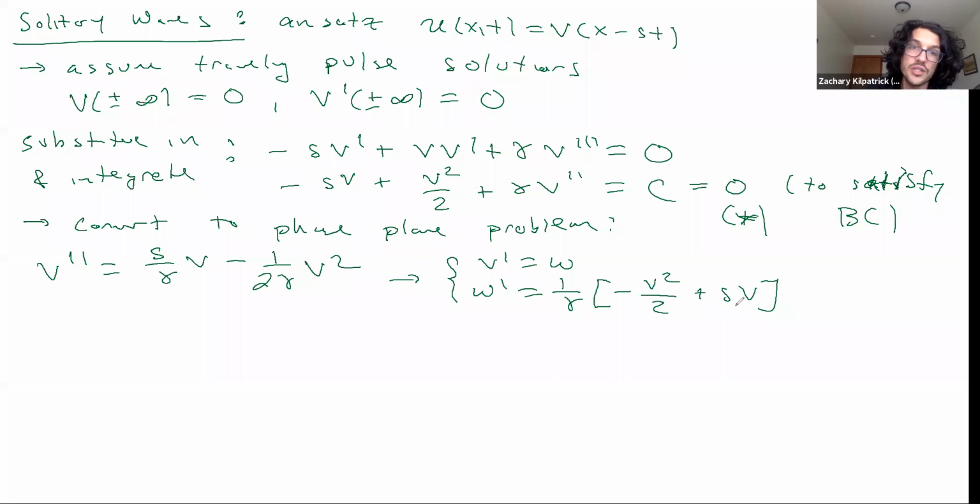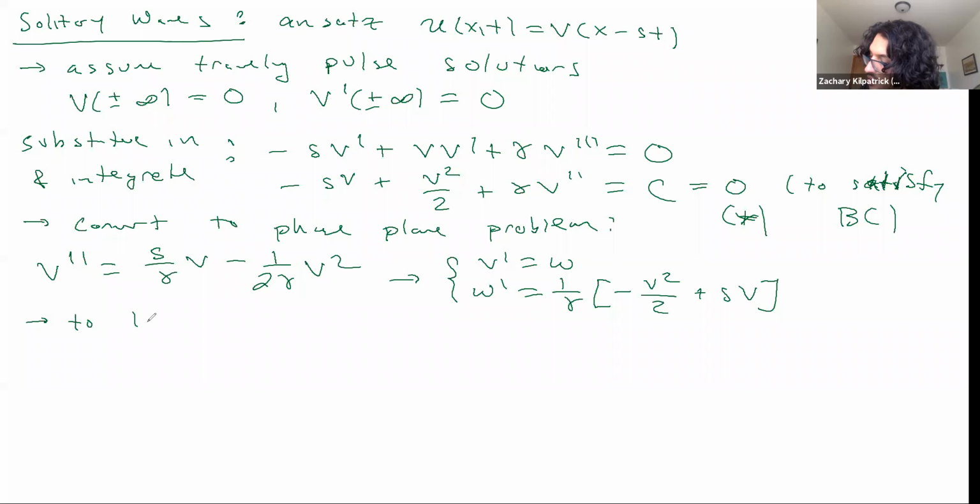So the question is, can I get a trajectory in the phase plane that looks like it should in order to satisfy my boundary conditions? That has the right shape. So we're going to look for that. We have to deal with the phase plane as it is and use the techniques that we can for phase planes.